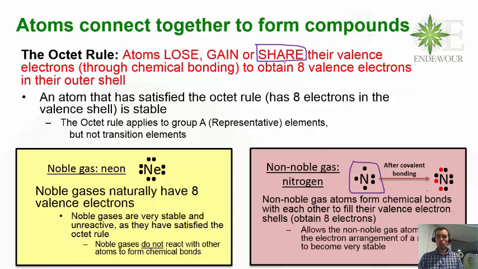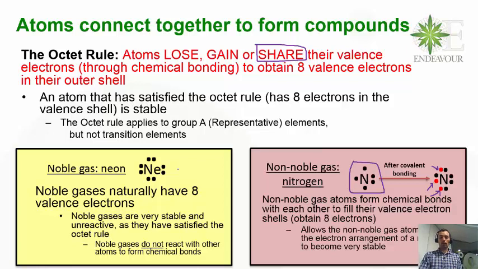So the new electrons that it's now sharing are actually represented as these red dots here. So you can see by covalent bonding, the nitrogen's actually able to get 8 electrons in its valence shell and therefore mimic the electron arrangement in the noble gas. So essentially what atoms are trying to do by forming bonds is to become really stable, just like a noble gas.